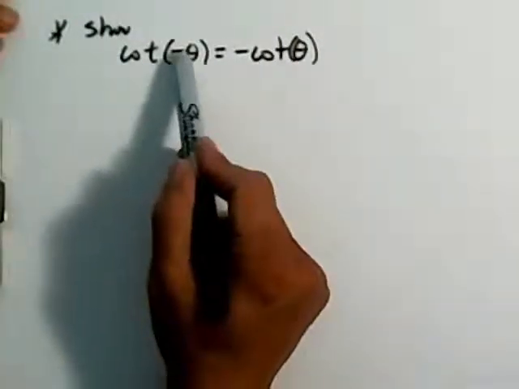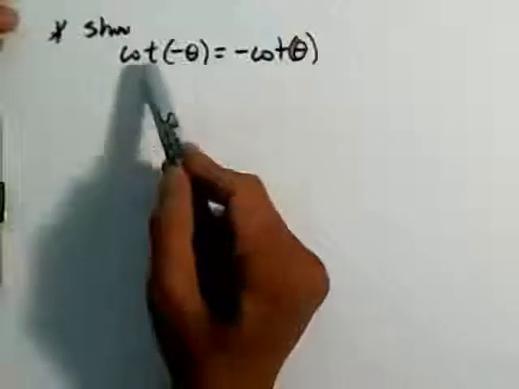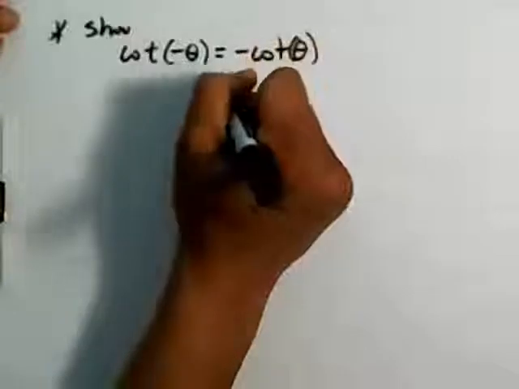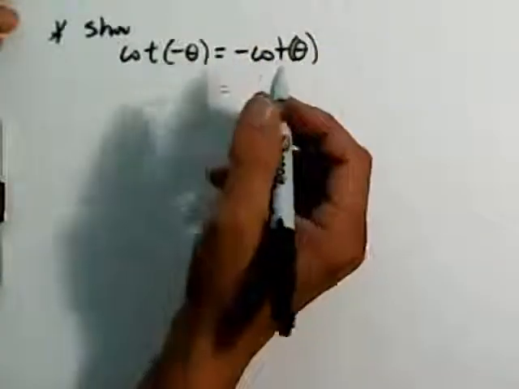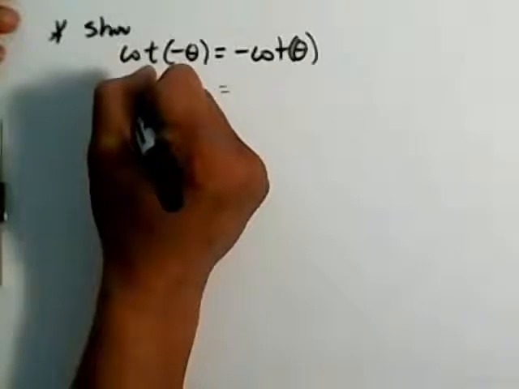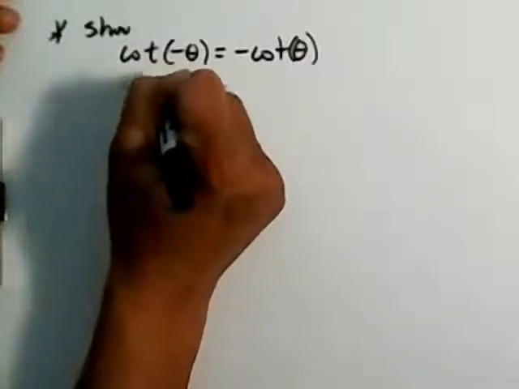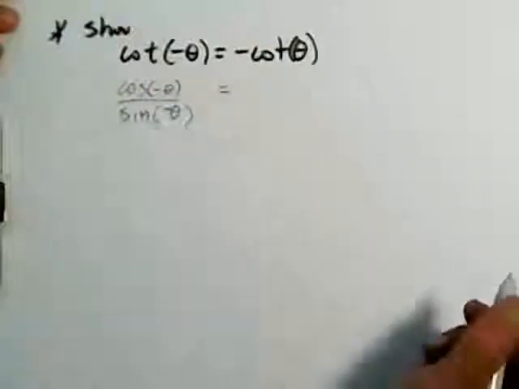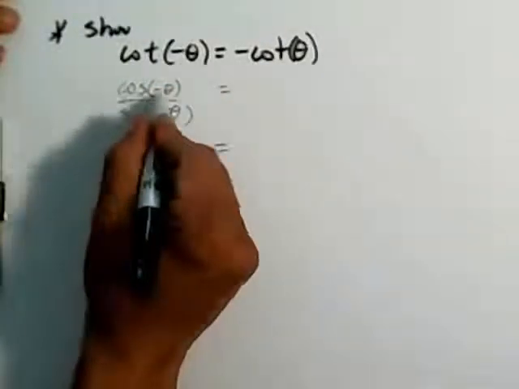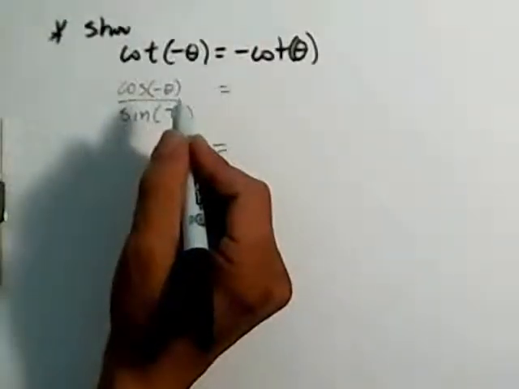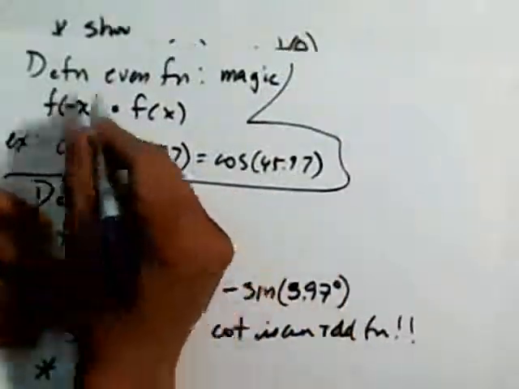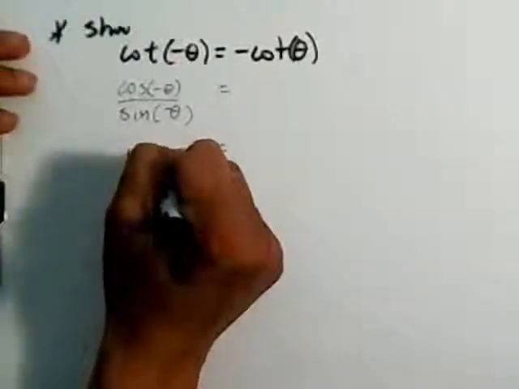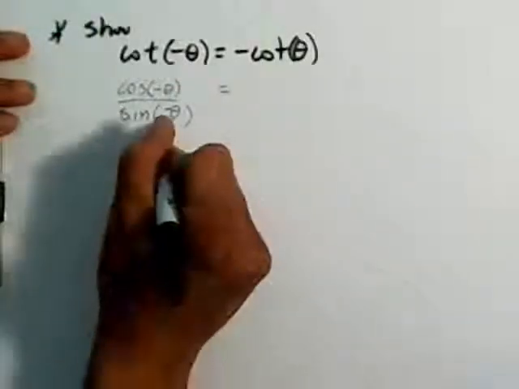The cotangent of negative theta, and the negative comes out because we know that these are odd functions. So we have to manipulate the left side only. The only way we're going to do that is change the cotangent into the sine and cosine functions. So it's the ratio of the cosine of negative theta over the sine of negative theta. We know that the cosine is an even function, so that becomes cosine of theta divided by the sine of negative theta.